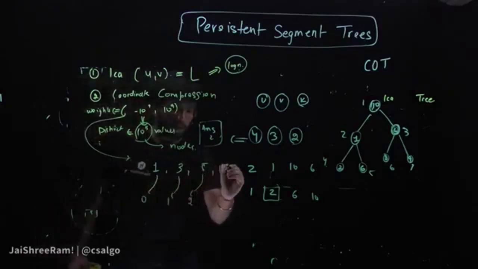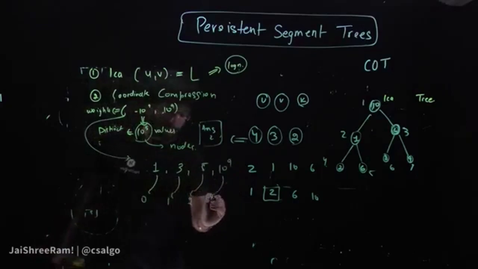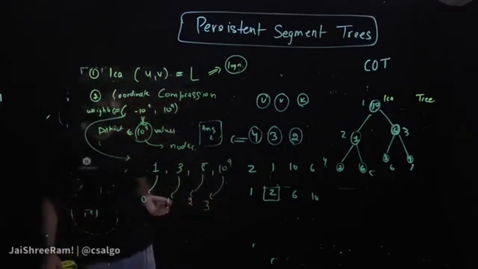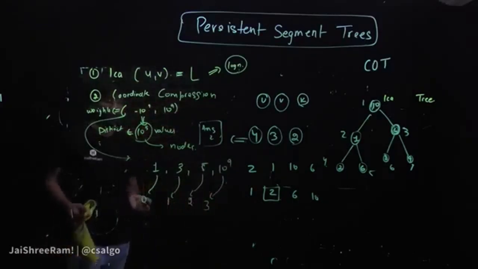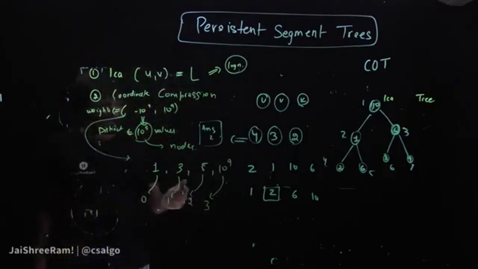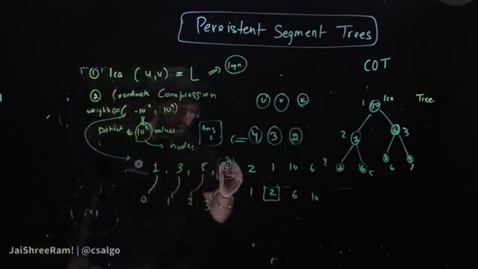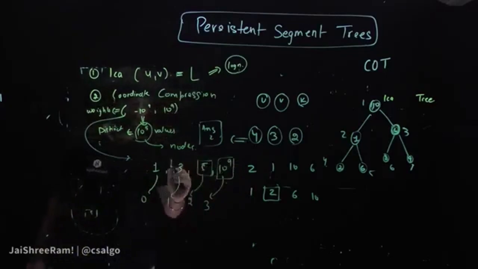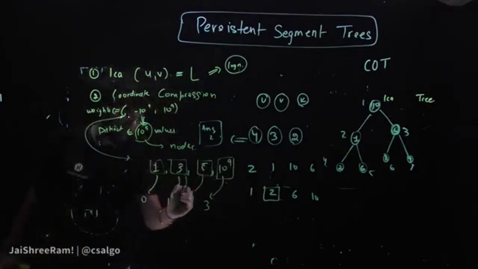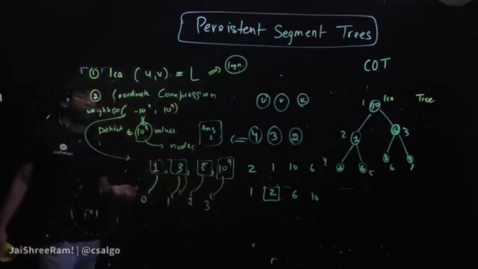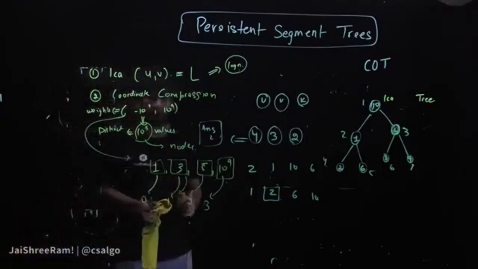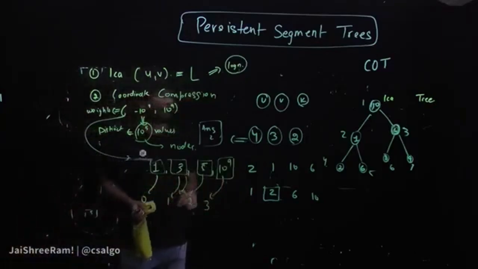And let's assume we have some 10 to the power 9 as well. So this can be mapped to 3. So in this case, we can very easily see that the person who is bigger stays bigger here as well, which is the property which we need to maintain over here. So I guess this is clear.